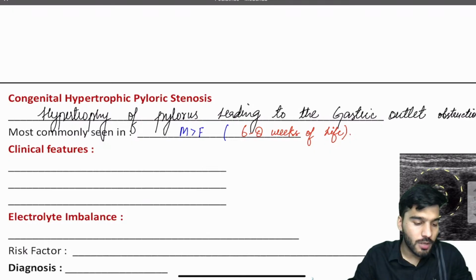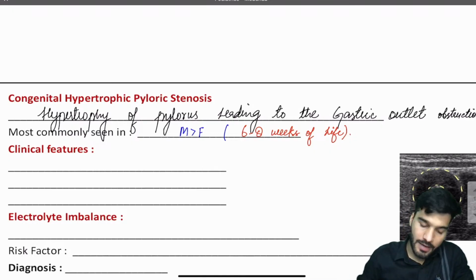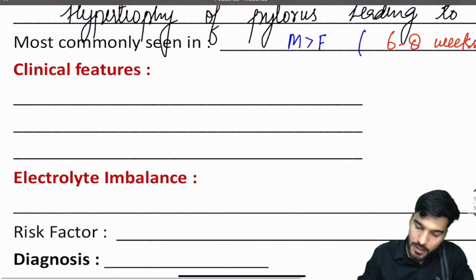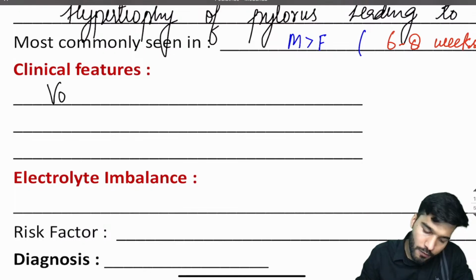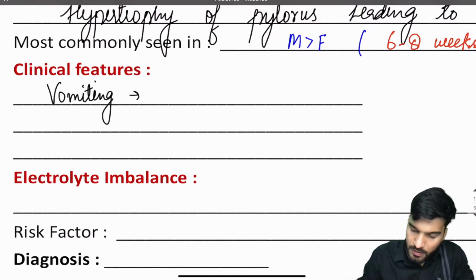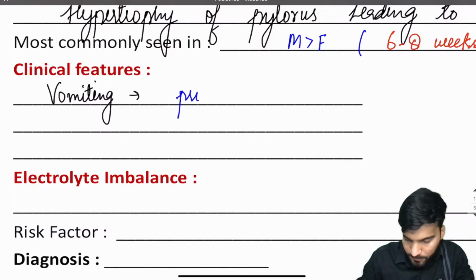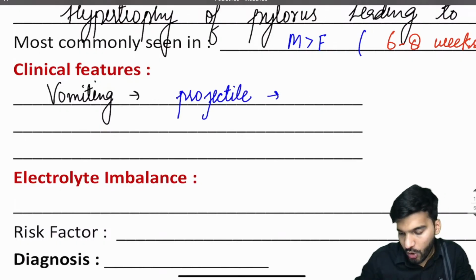Now the clinical features of a baby having CHPS. First of all, the baby will have vomiting, but it's going to be projectile and non-bilious.